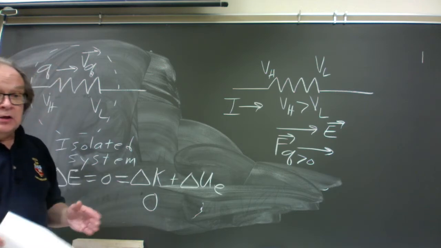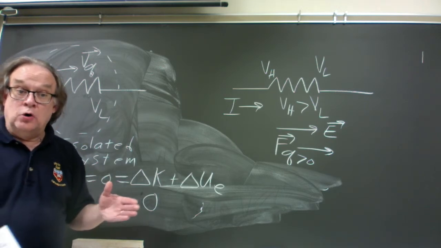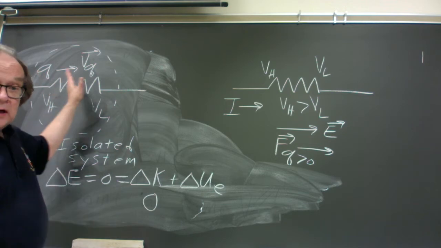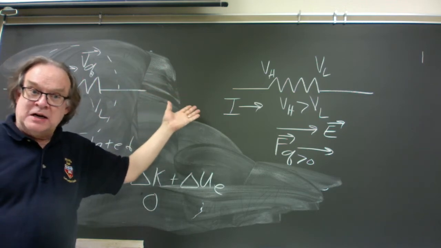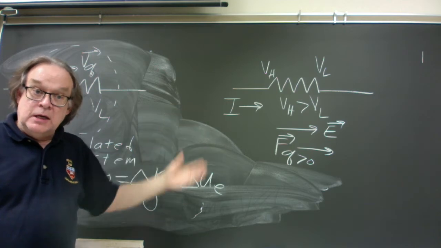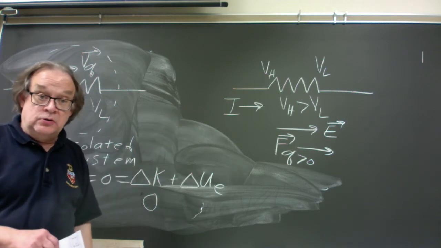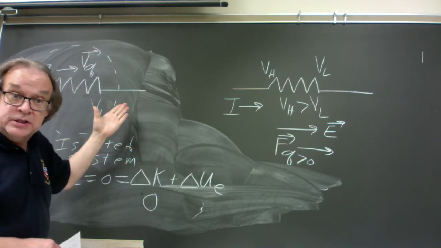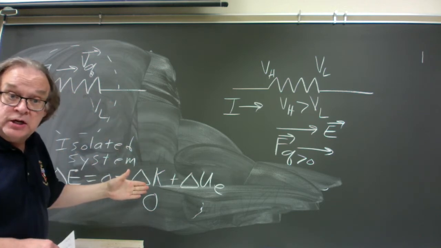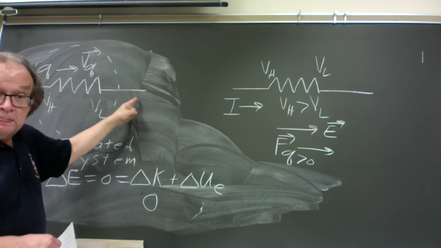So you'd get a constant current only if the velocity of the charged particles is constant. And if the velocity of this thing is constant, then its kinetic energy does not change as it moves from here to here.